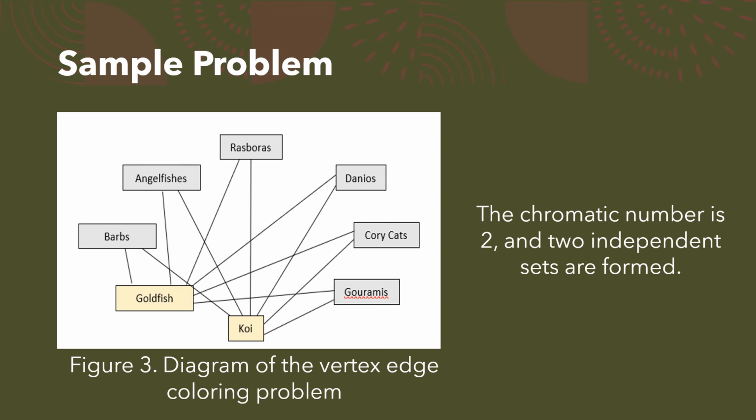Furthermore, two independent sets can be derived from the diagram, one of which is a set that contains the species of goldfish and koi, and another set that contains the other species of fishes, which includes the barbs, angelfishes, rasboras, danios, corycats, and gouramis.